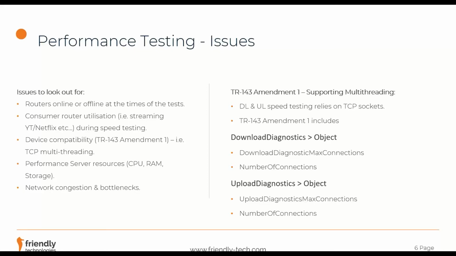So that's one issue. Another is obviously the customer consuming services while you're doing the speed test, and I guess this is part of the reason to do the speed test, to actually get a good idea of what sort of performance the consumer is experiencing while they're doing Netflix or YouTubing or live streaming video, etc.